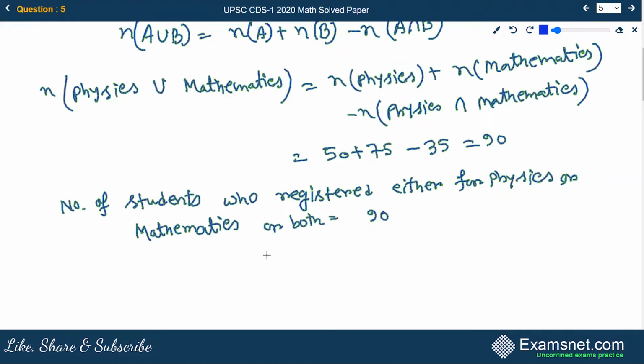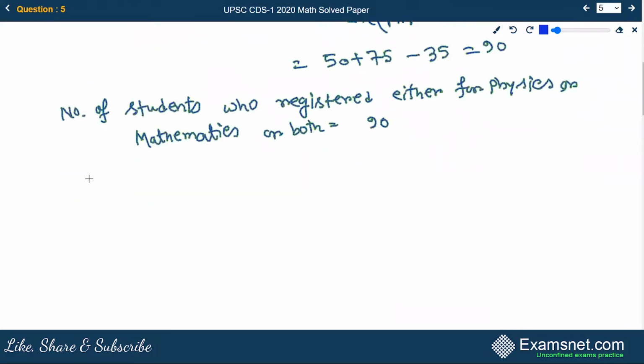So the rest of the students haven't registered for either mathematics or physics, correct? Here the total number of students is 250.